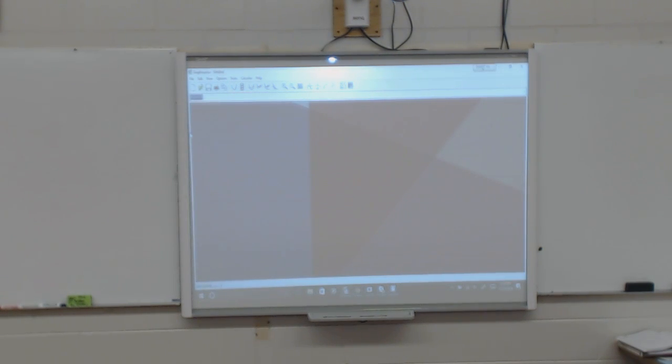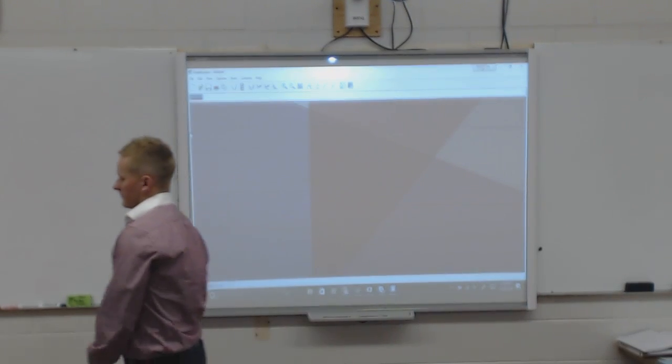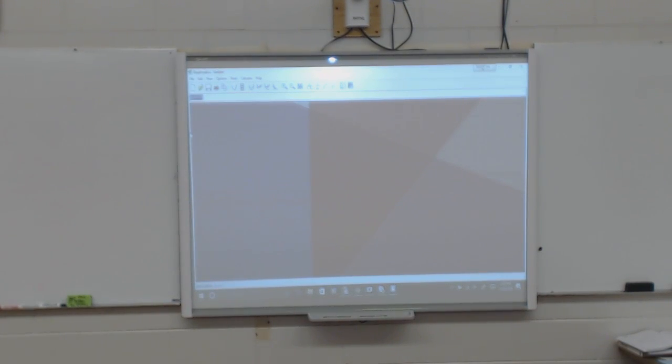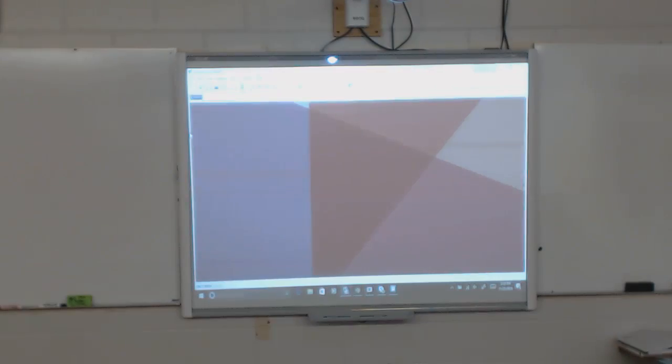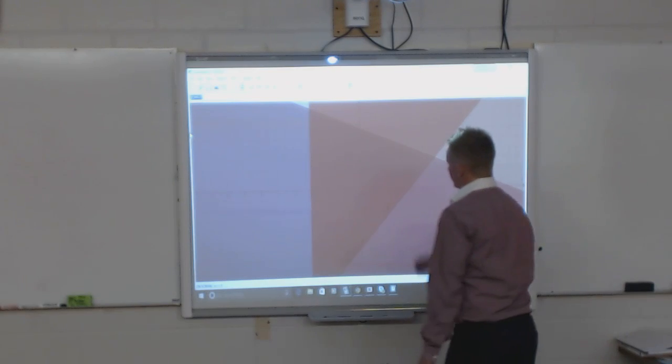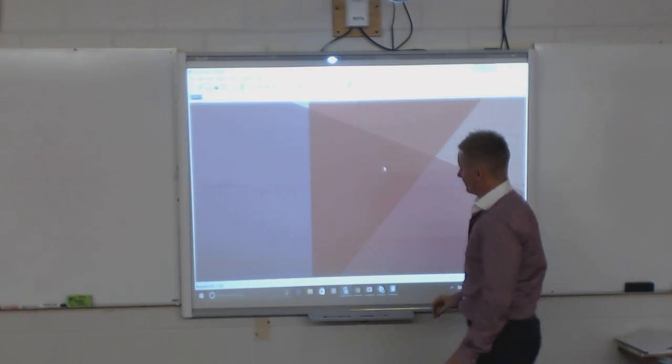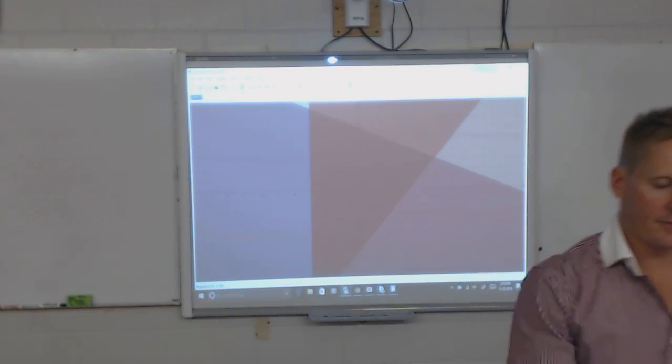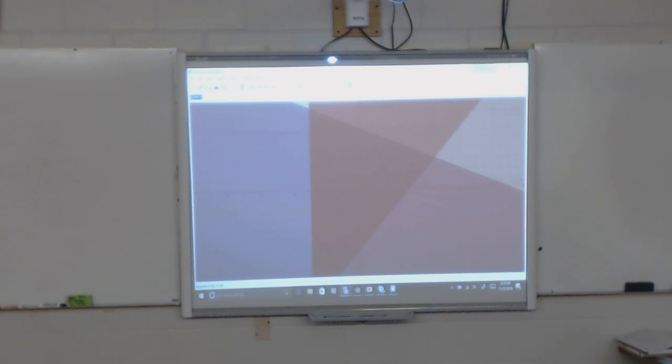Because of the colors, it looks a lot better on my laptop than it does on there, so we'll just shut this off. For the feasible region, we're going to find all the coordinates that are the boundaries for this feasible region.